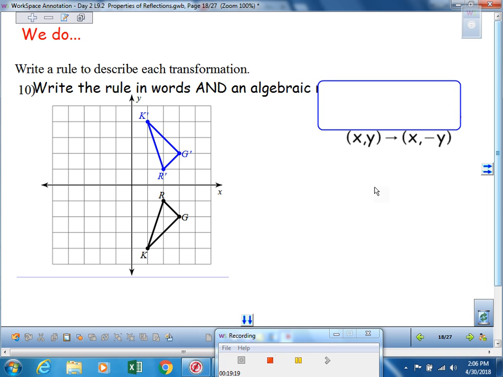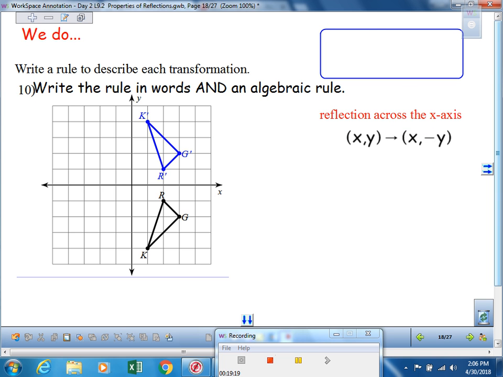Okay, what about the rule in words? What does it say? Reflection across the x-axis.